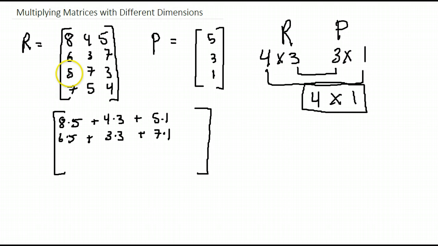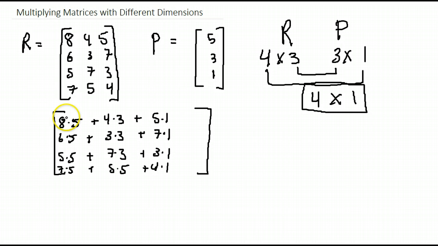Okay, now is the third row of the first matrix times each row in P. So we have 5 times 5 plus 7 times 3 plus 3 times 1. And then the last row of R, we're going to multiply by each row in P again. So we get 7 times 5 plus 5 times 5 plus 4 times 1.